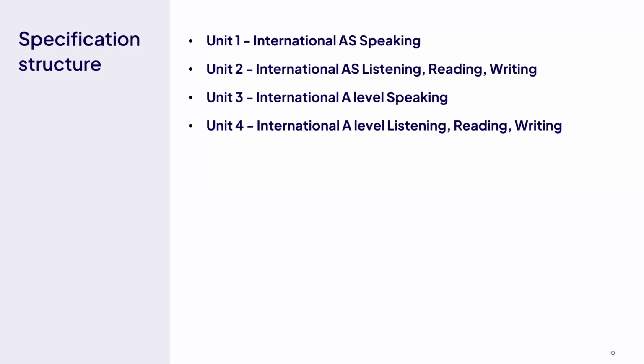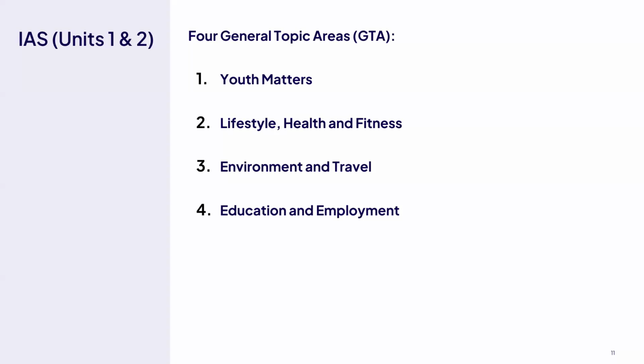Now, we're just going to talk to you a little bit about the content and the topic areas, and these are really the things that you will need to be preparing your students to deal with. And we divide those topic areas into general topic areas for units 1 and 2. So those are youth matters, lifestyle, health and fitness, environment and travel, and education and employment.